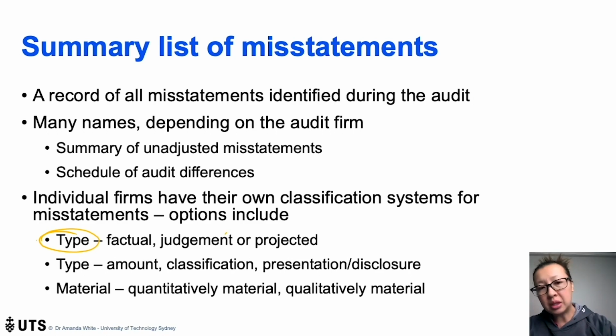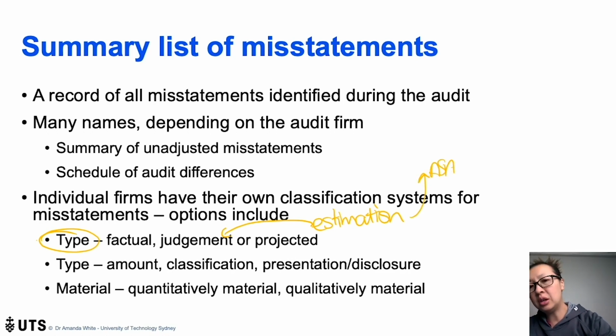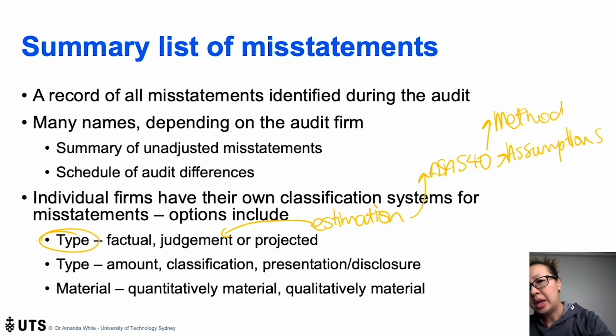That often means, when it says judgment, that we're looking at something that is related to estimation. And ASA 540, which is the standard on accounting estimates, says that we need to look at sort of three things. It's the method, it's the assumptions, and we also need to look at the data.